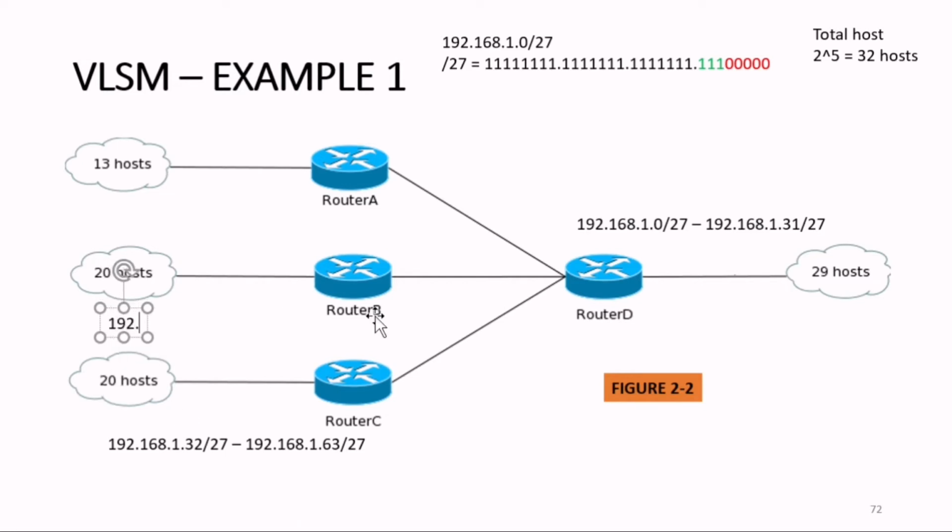So 192.168.1.64, because at this local network it ended at 63, so we need to start at 64/27, until 192.168.1.95/27.